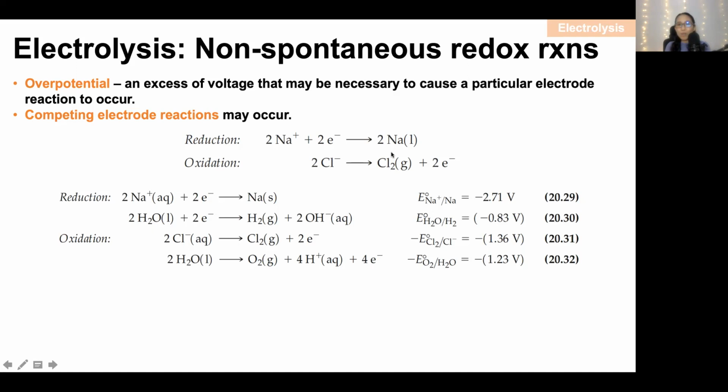If it's molten sodium chloride, there's no problem. But if it's an aqueous solution of sodium chloride that you will electrolyze, you have competing reactions. Now, let's take a look at their reduction potentials. So for the reduction of sodium ion, we have negative 2.71 volts.